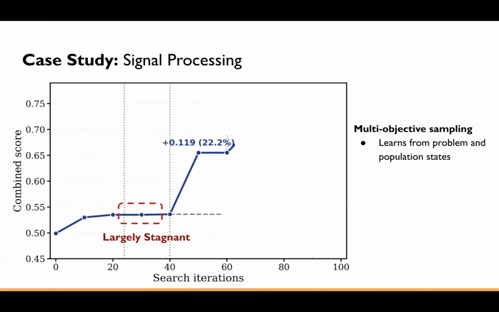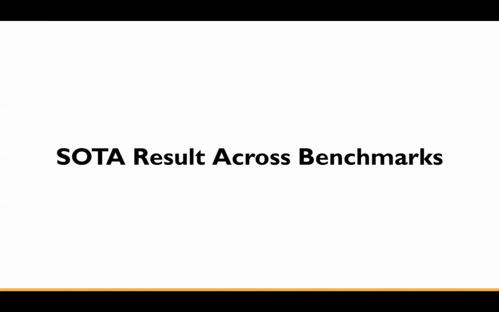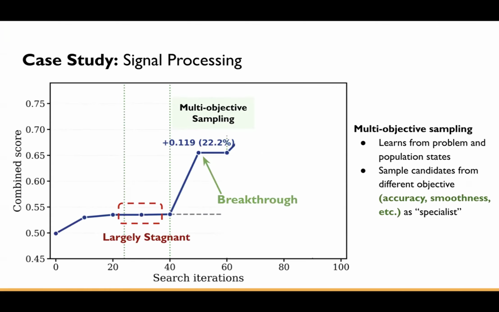In this case, the model comes up with a technique where it starts using multi-objective sampling, because the signal processing task requires you to optimize for multiple metrics at the same time. So the algorithm switches to a mode where it samples candidates which are best in different aspects and uses them together to guide the downstream LLM to do better in the task. And that is how we get this bump because of the newer algorithm.